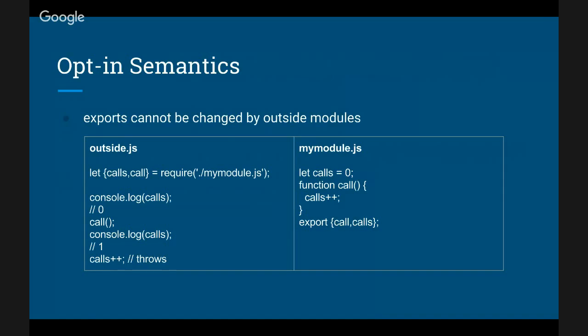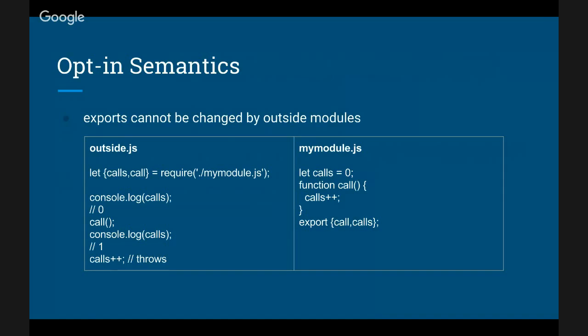And we're going to require that on the outside somehow. It could be through import, it could be through require, it doesn't really matter. Basically, when we try to log out what calls is, it's going to be 0 to begin with, and then we're going to increment it, and then it's going to be 1. So we're able to visibly see the changes on the outside, but we can't modify it.